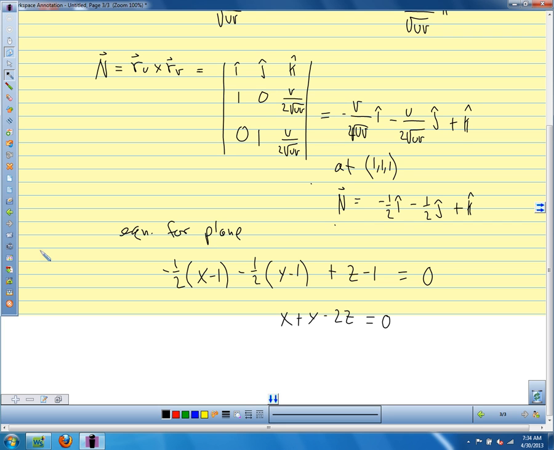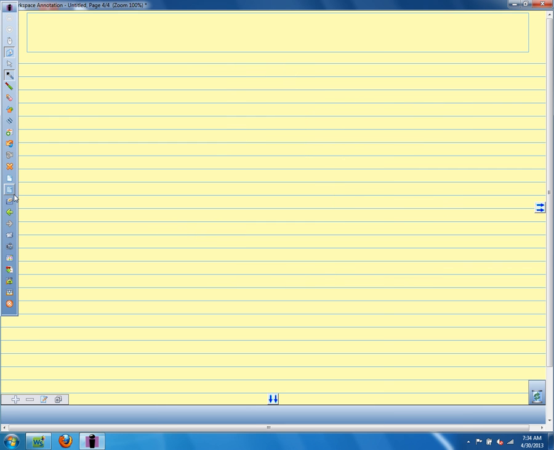Let's find the surface area of a nice parametric surface. We actually get to do an integral now.